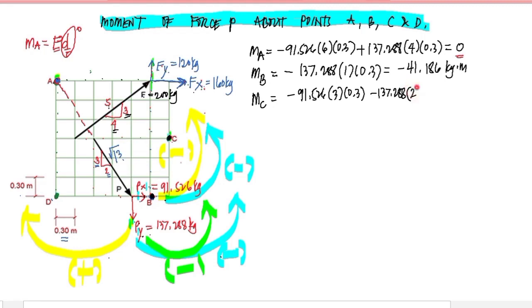So we have 2 times 0.3. And computing for this, the moment at C is equal to negative 164.746.